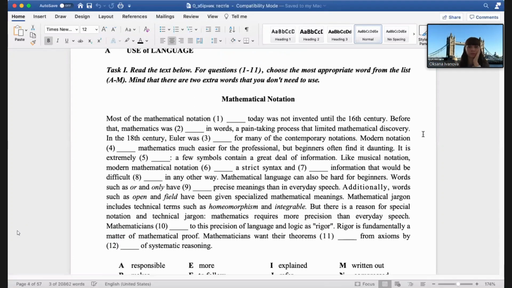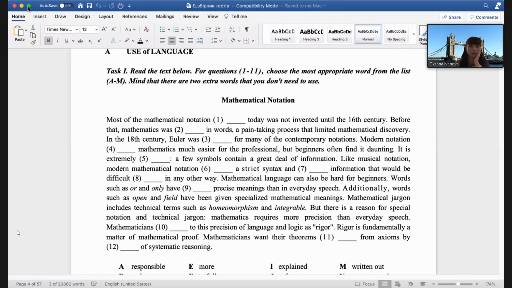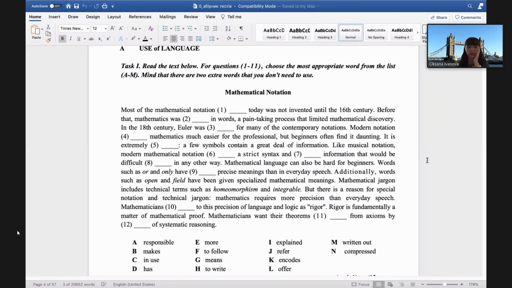Okay. And the first one is easy for you, I consider, to do. You will take your time and read the text, and according to the context, you have to choose the most appropriate words given below the text from the list.